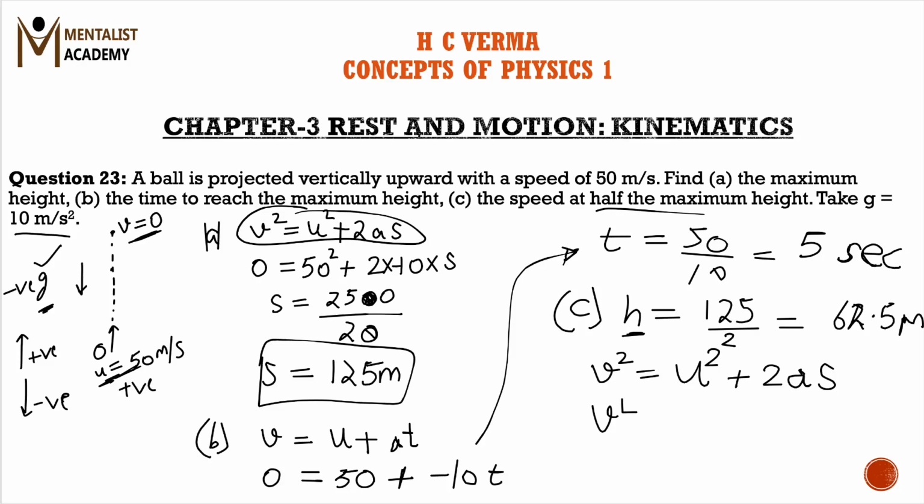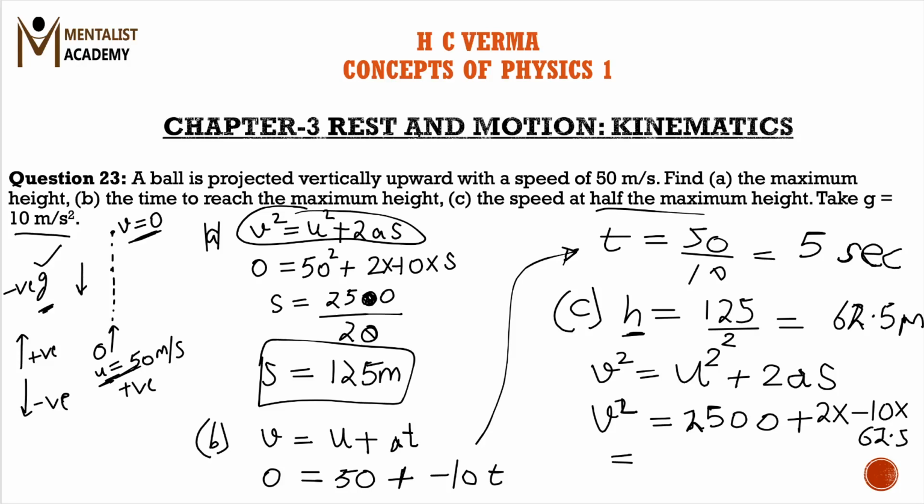U square is 2500, 50 square, plus twice of as. A is minus 10 and s is equal to 62.5. That is the displacement of the ball, half the maximum height. So we have put the values. Let us calculate this.